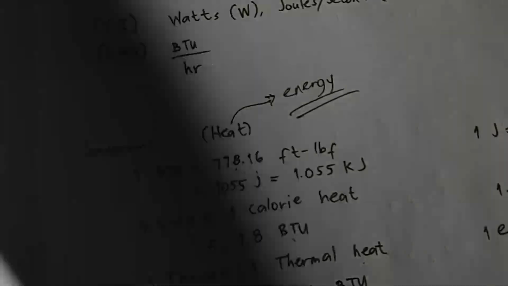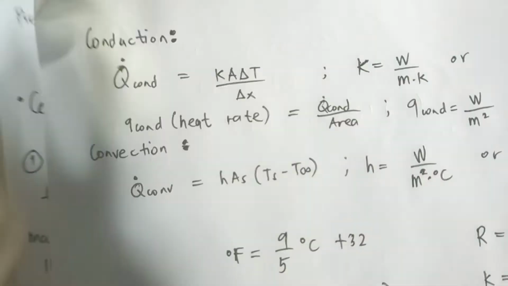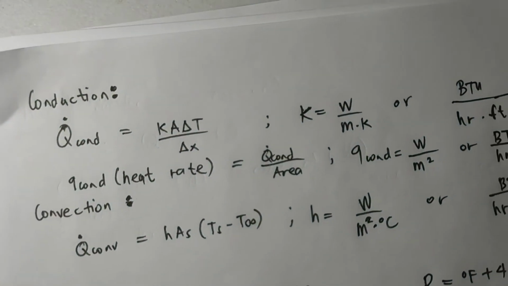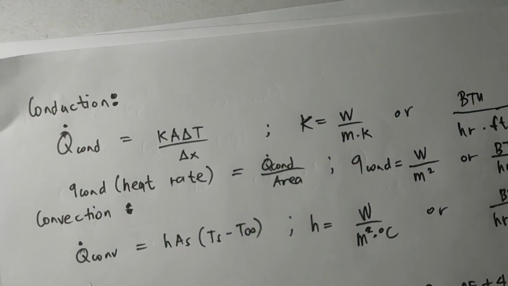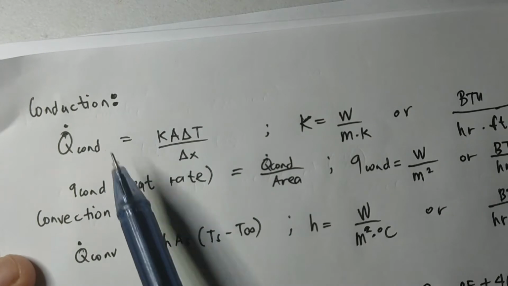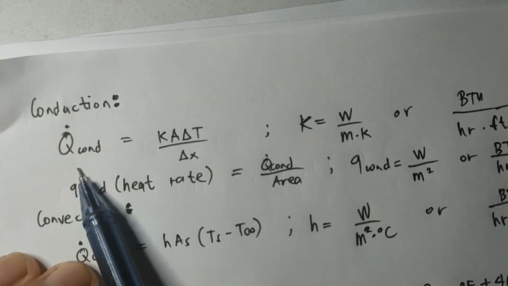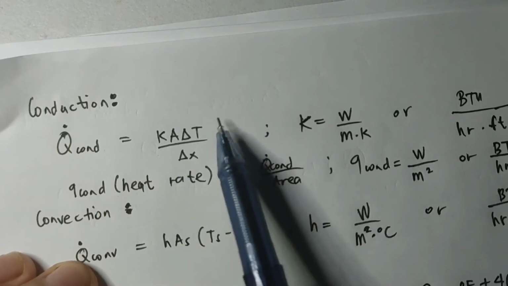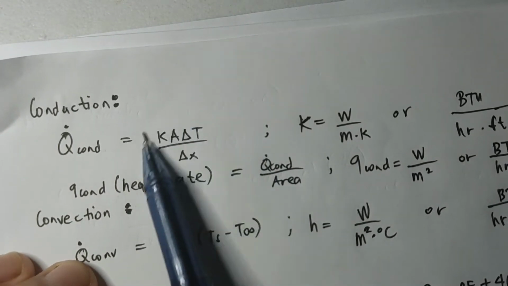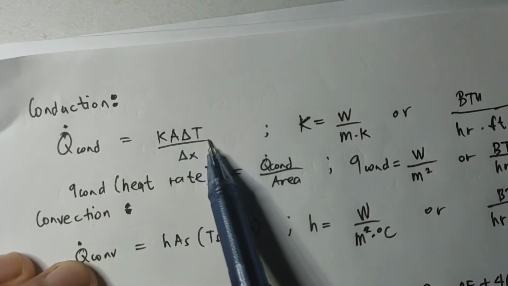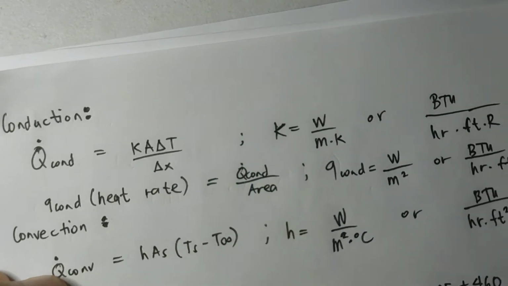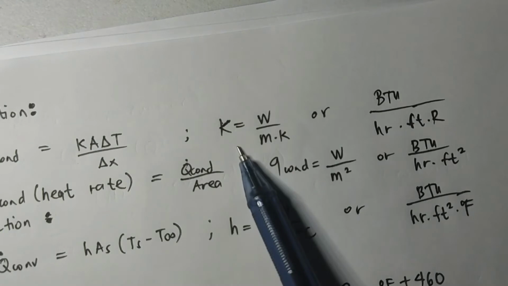Next, we have the formulas for modes of heat transfer at kung paano gamitin ito sa pagsosolve ng mga following problems on heat transfer. Una, conduction. Kung babalikan natin, Q naught conduction is equal to the Fourier's law. Tandaan natin Fourier's law ito. K delta T over delta X, wherein K is thermal conductivity ng material.